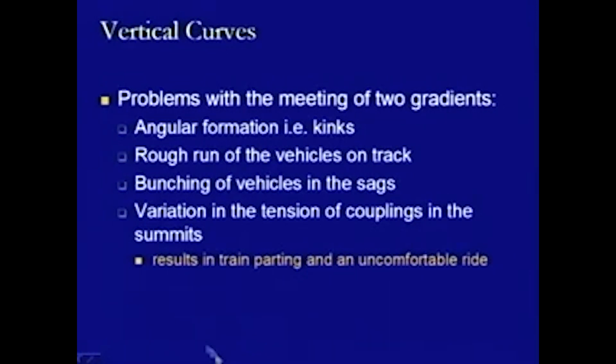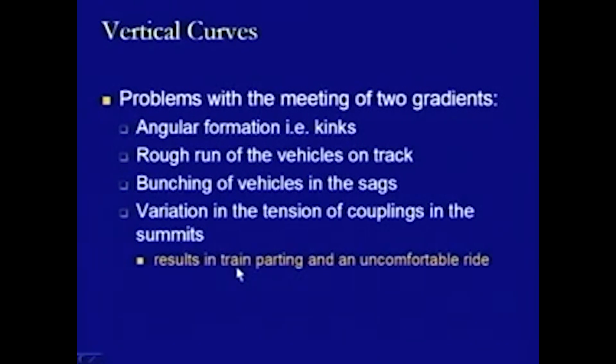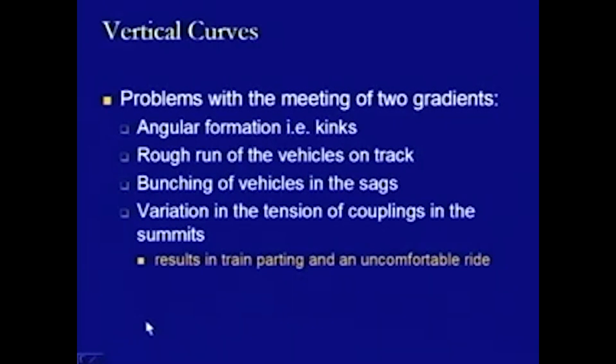So, these are some of the problems which are there with the meeting of the different gradients, and so as to meet out all these things, certain measures have to be taken so that there is a smooth variation from one gradient to another gradient, and that is where the smooth movement can take place with respect to the different types of forces which may be acting, and this is met out by the vertical curves.